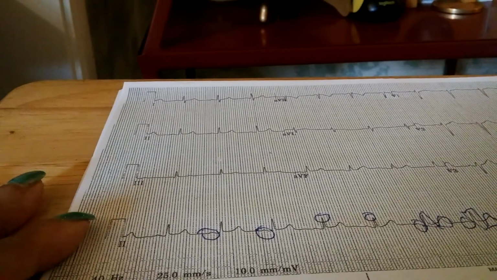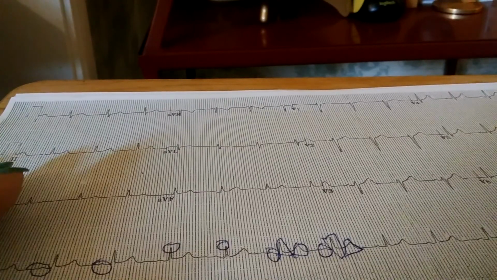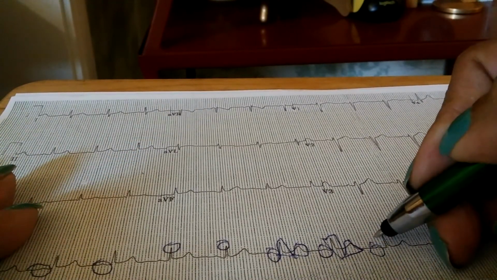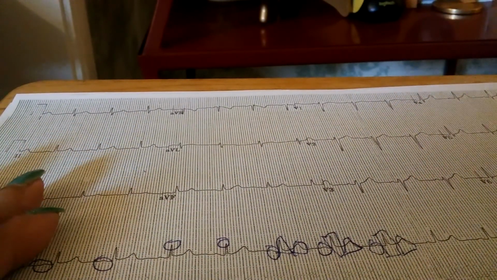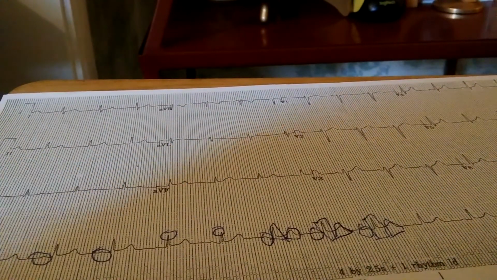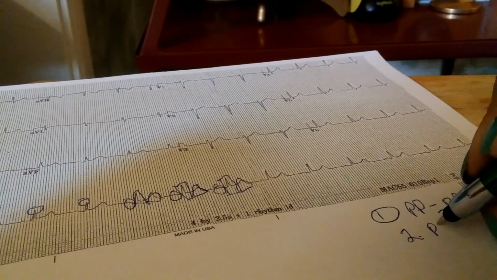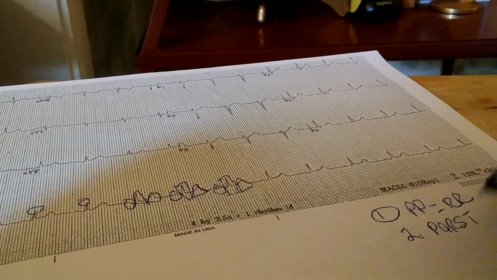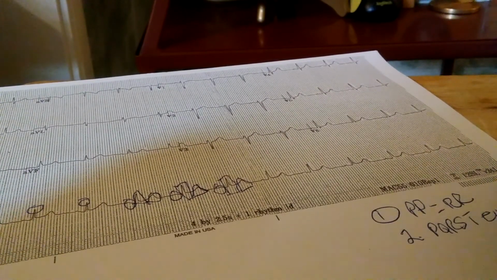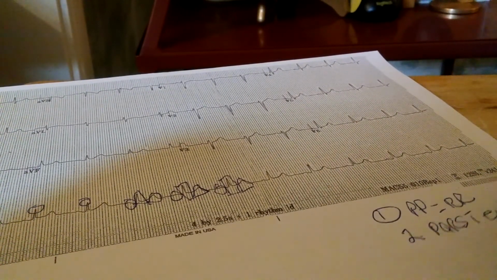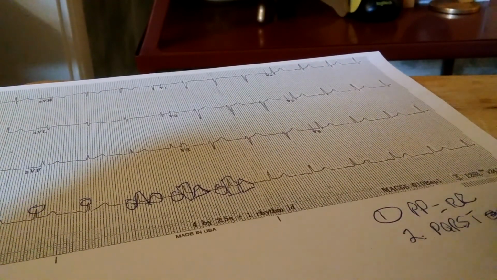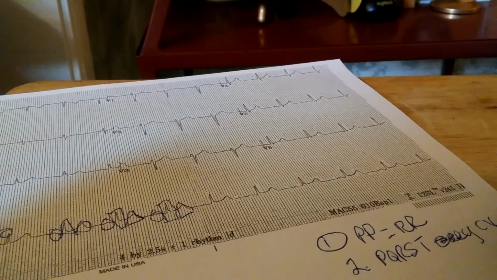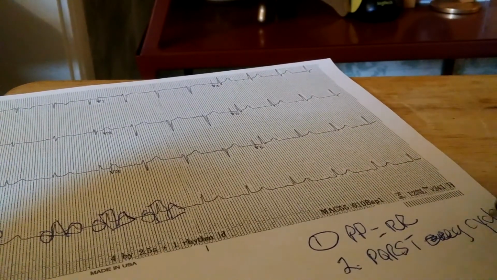Using your old homework assignment, you circle the P, you square the R, and you triangle the T. So number 2, yes, there is a PQRST every cycle.